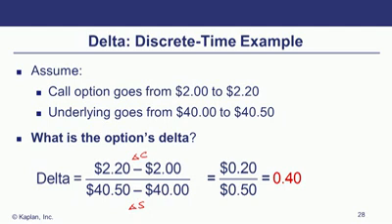So it's 20 cents for the call and it's 50 cents for the stock, which gives me a delta of 0.40. So as we said earlier, one way to interpret this delta is to say that this is the expected change in the call price given a $1 change in the underlying.